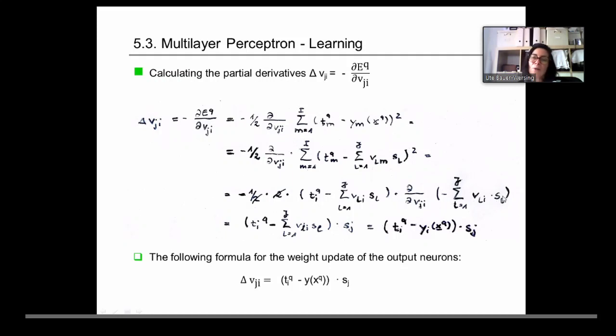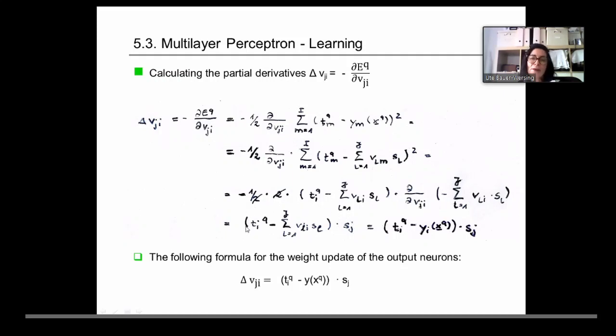And what's left is the output value of the j-th neuron, sj. And if you wonder what happened to the negative sign, we have a negative sign in the front. So minus times minus gives plus, so this disappears.